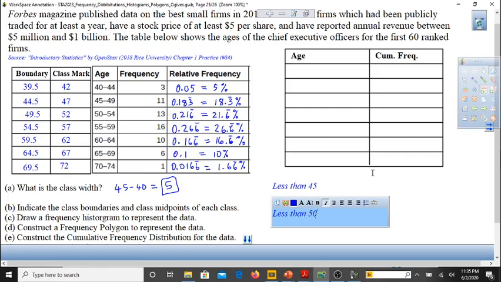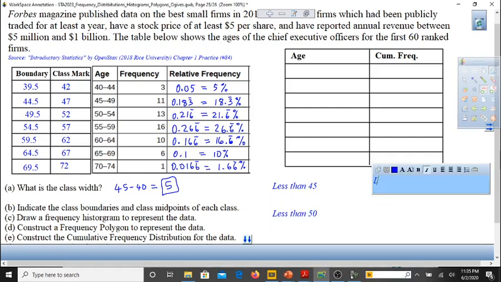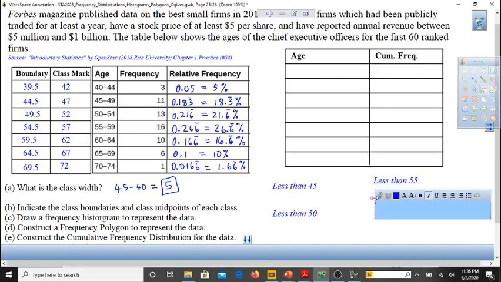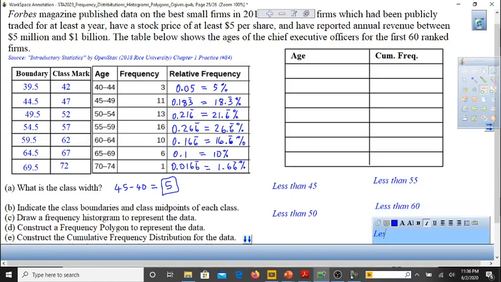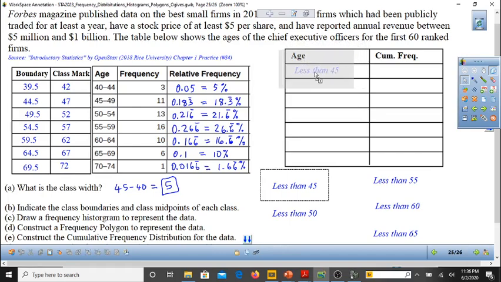Then less than 55. Then less than 60. Then less than 65. And let me move those into place right now.